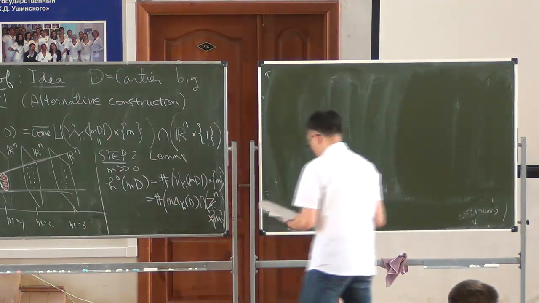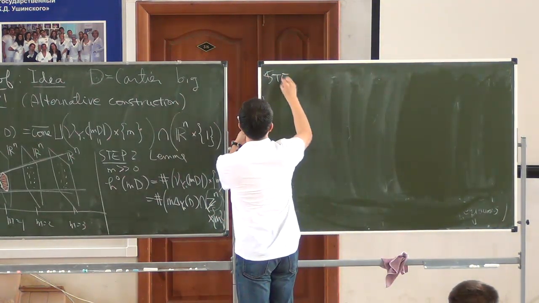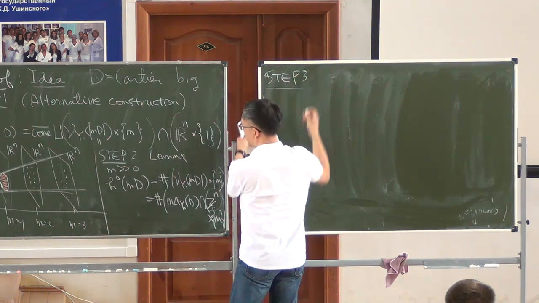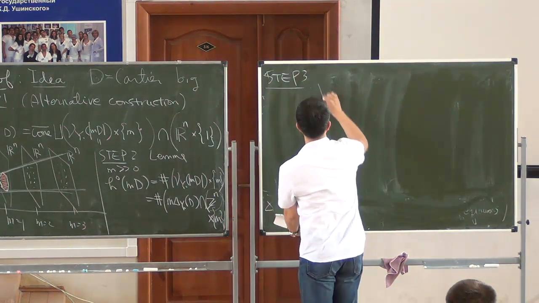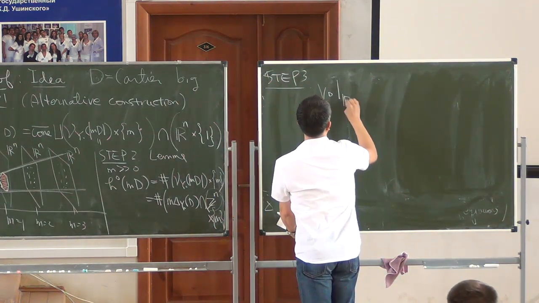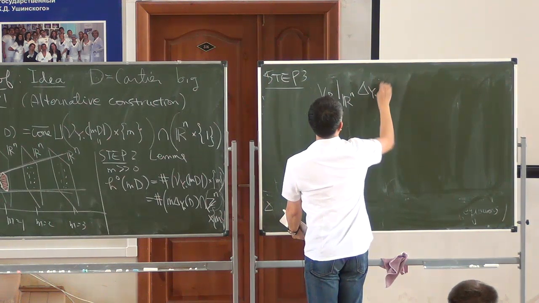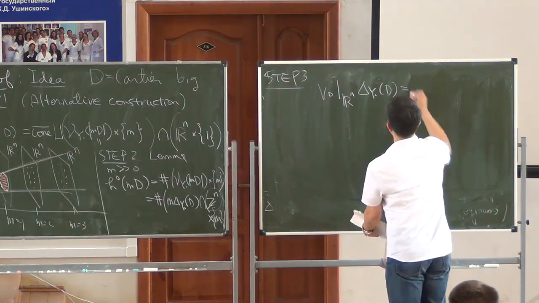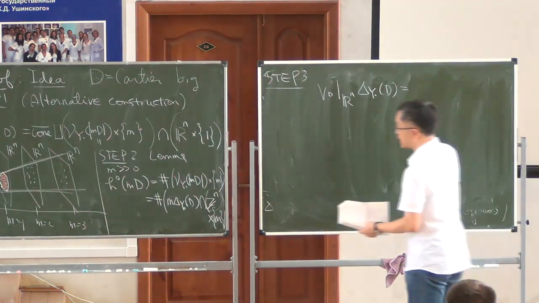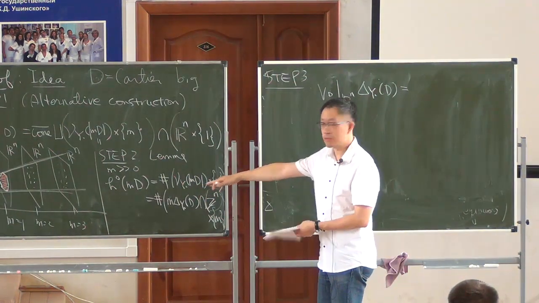And in the last step, step 3, and this is actually the interesting part, the volume of the Okounkov body is computed by counting the number of integral points.